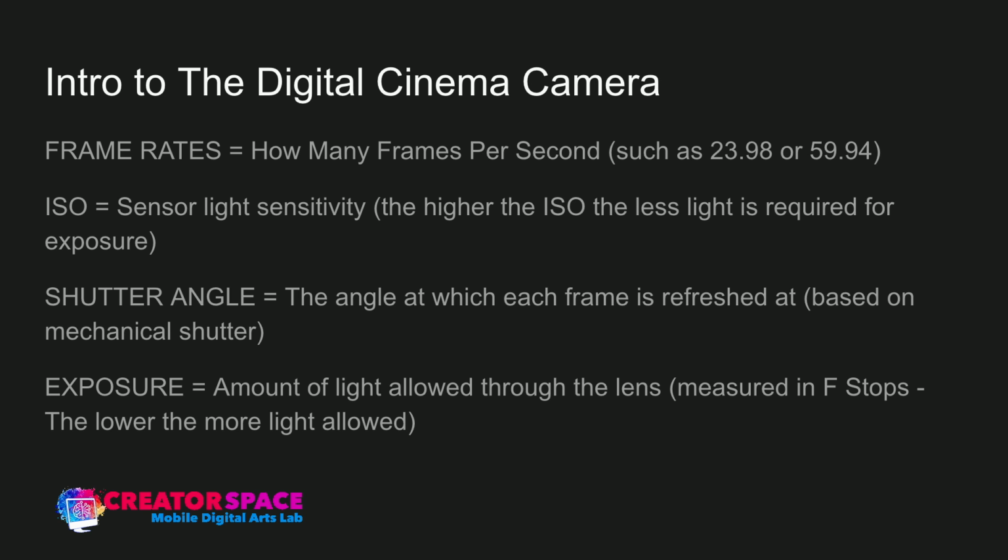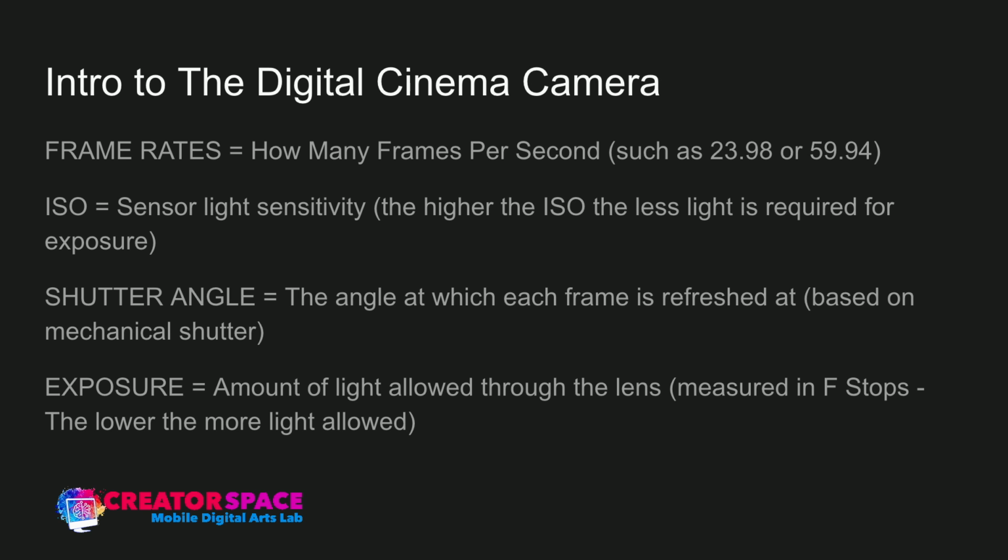Each frame gets held, it gets exposed, and then the next frame moves up in film. So it spins around and exposes the film, and that shutter is then closed as the film moves. It's basically exposed, closed, shutter, exposed, closed, shutter, exposed, closed, shutter. And that has to happen 24 frames per second, so 24 times per second.